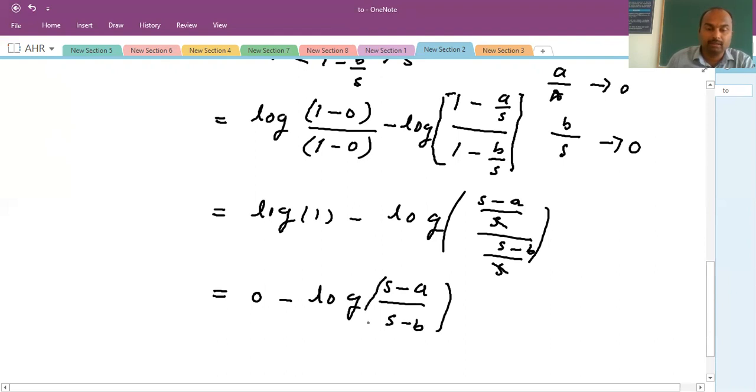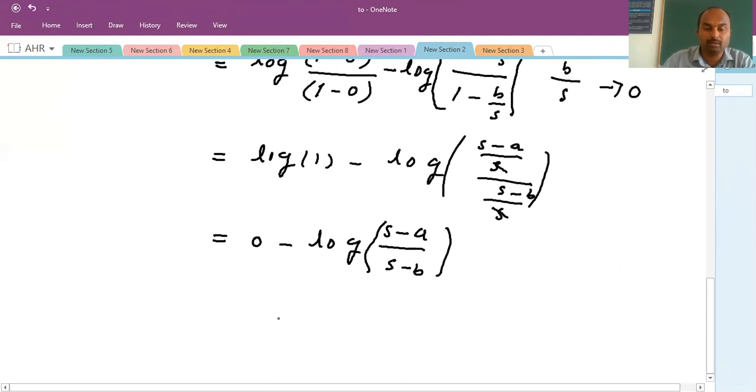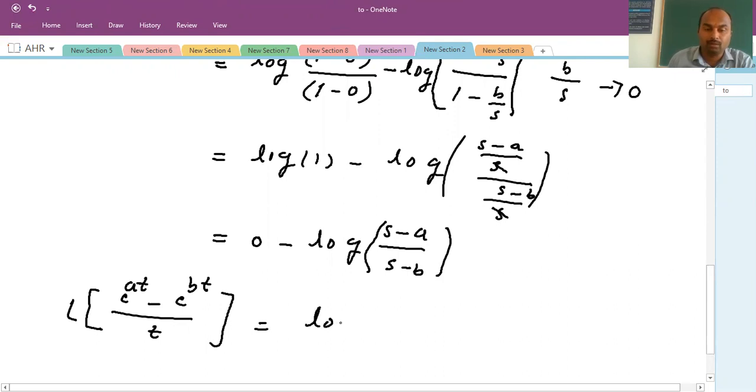There is a negative sign outside, so we can interchange the numerator and denominator. Therefore, Laplace transform of (e^(at) minus e^(bt)) by t will be equal to log((s minus b) by (s minus a)).